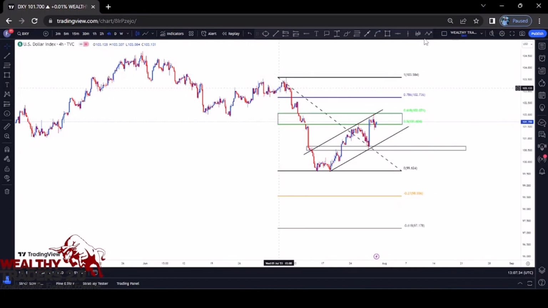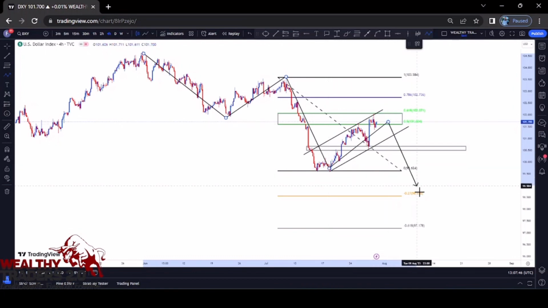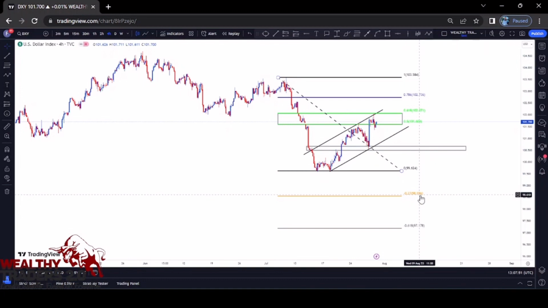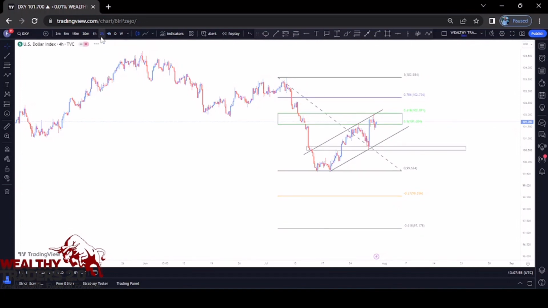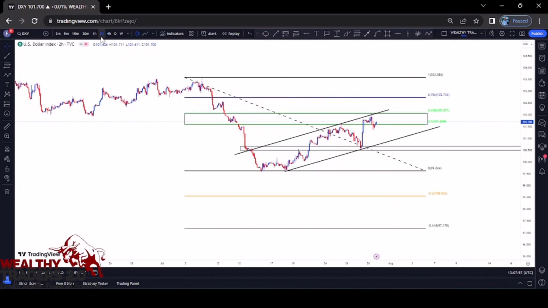So meaning now we are in an impulse, correction, impulse, correction, then what's next? An impulse. That's how the market moves. But we need to dive deeper into the market and understand what the market is telling us.